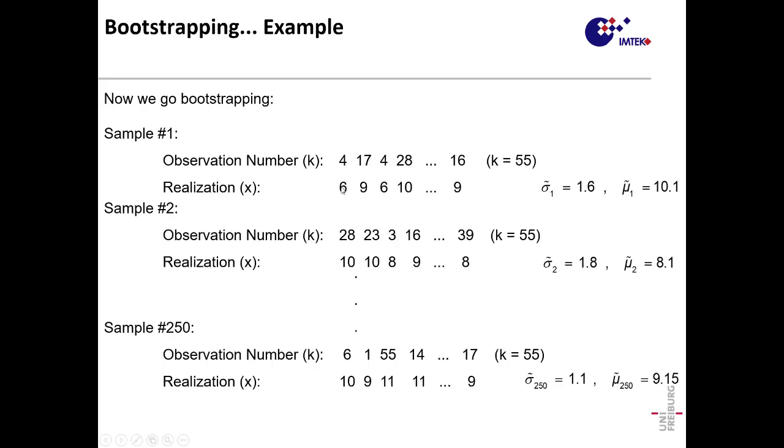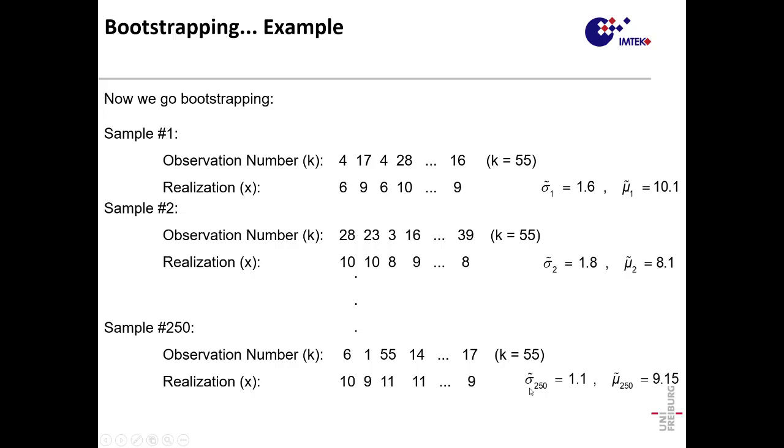Then you run it again. Let's say that you run for a second time, and you pick the 6, the 9, the 6, the 10, and the 9. And then you will have a new set of mean and standard deviation, okay? And then you do it many times until you get 250 times.